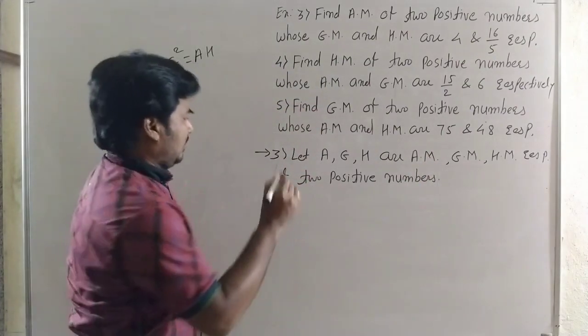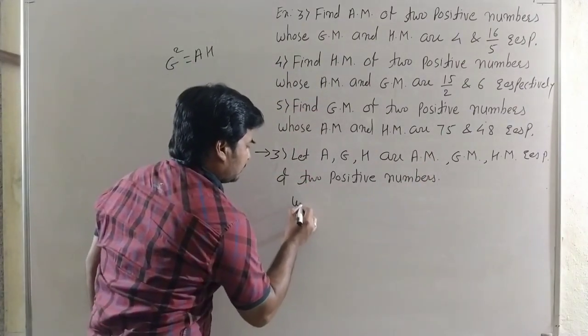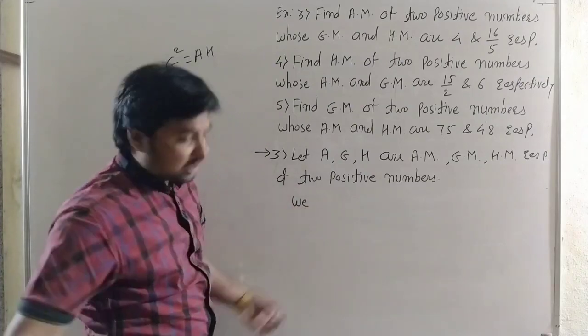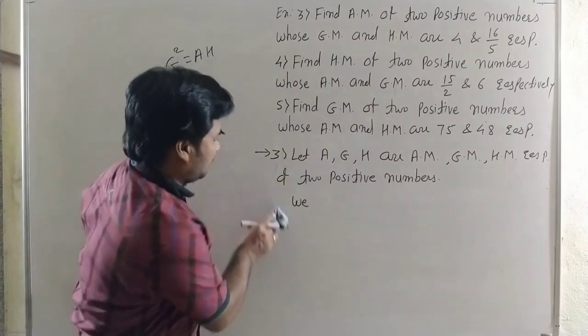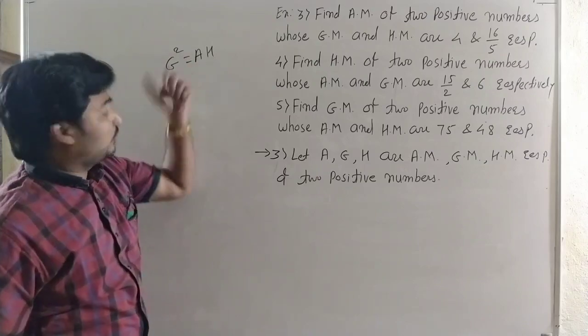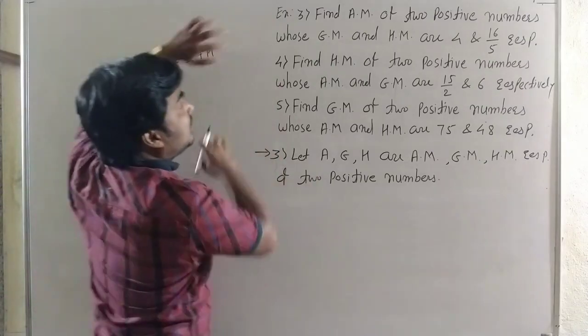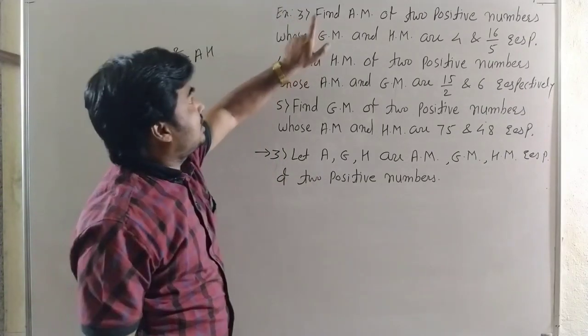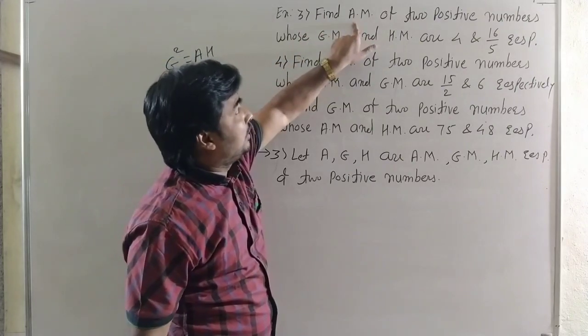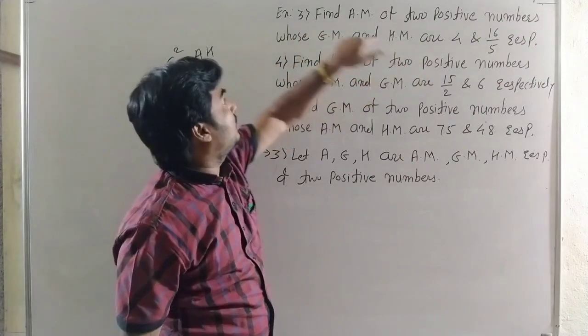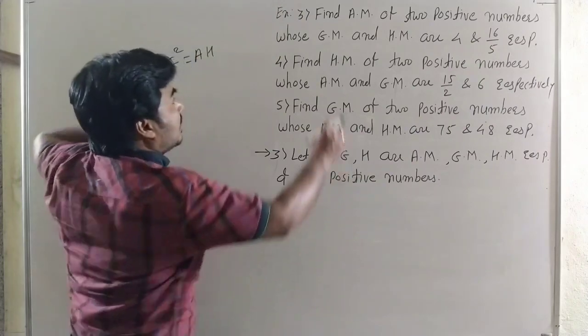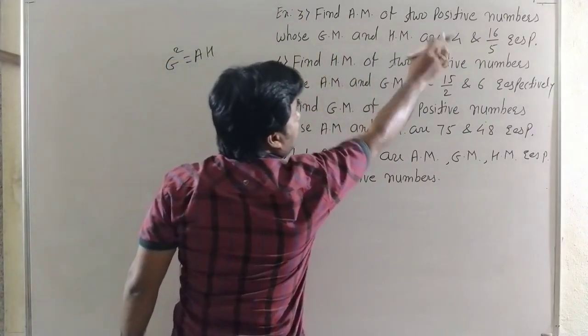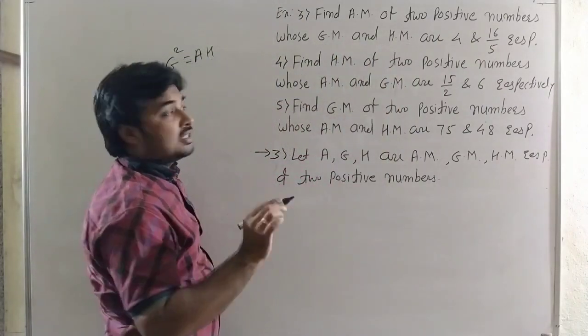Okay, here now see carefully, we know that G square is equal to A into H. In the first example, find the arithmetic mean of two positive numbers whose geometric mean and harmonic mean are 4 and 16 by 5.